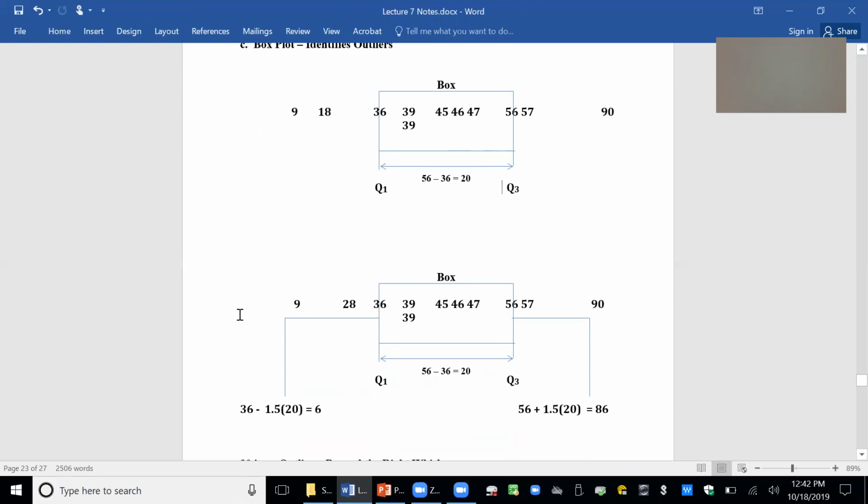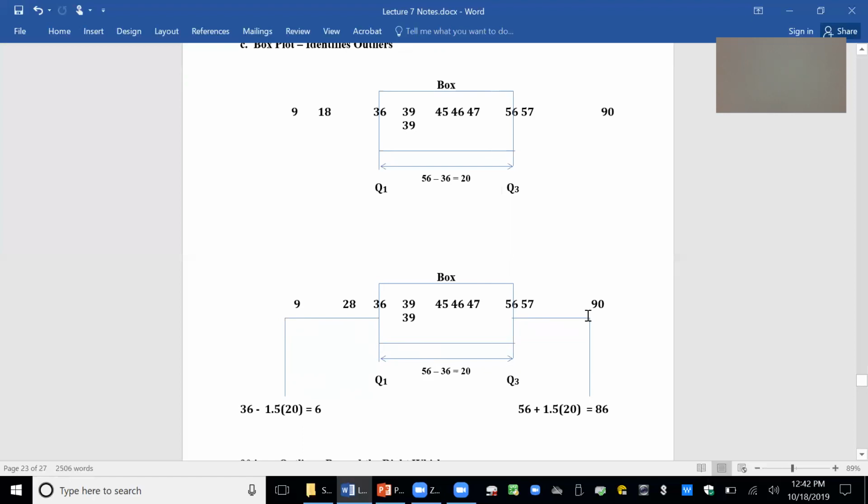It should be 30 below, 1.5 times 20. So 1.5 times 20 is 30. 36 minus 30, the lower bound here would be a 6, and the upper bound here would be an 86.